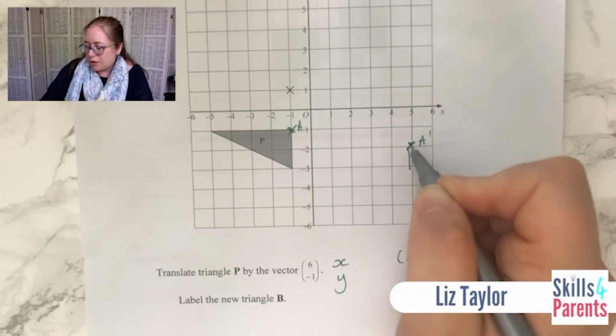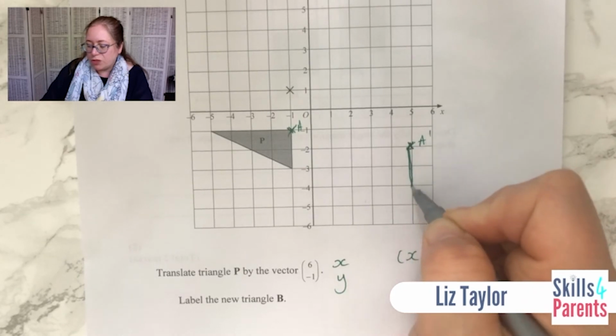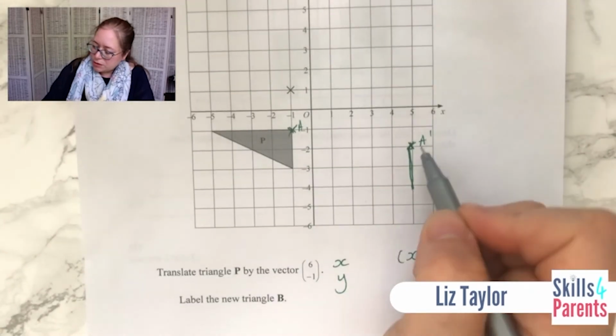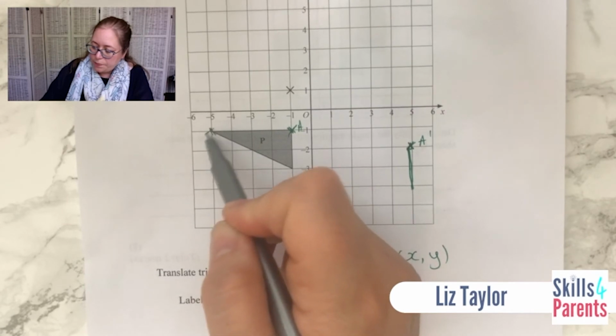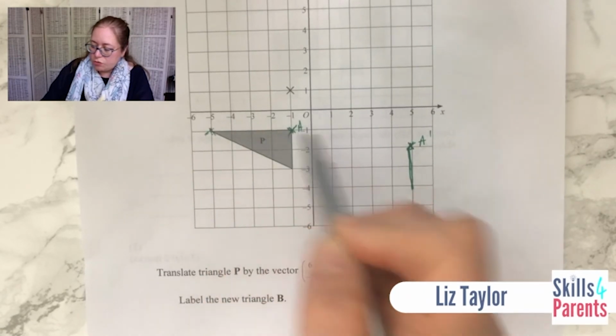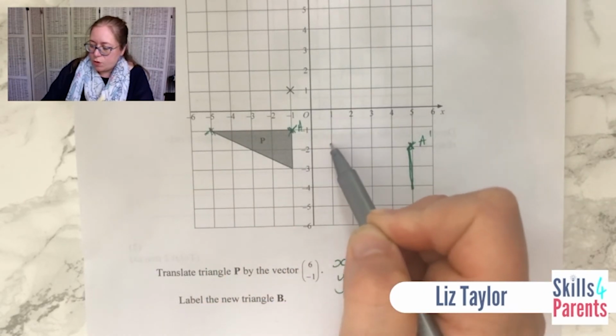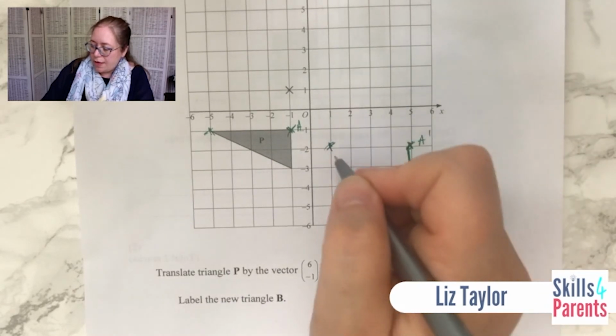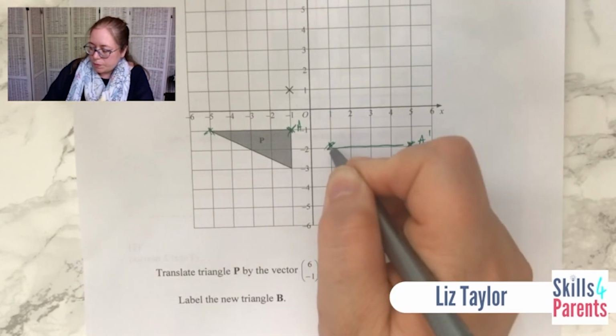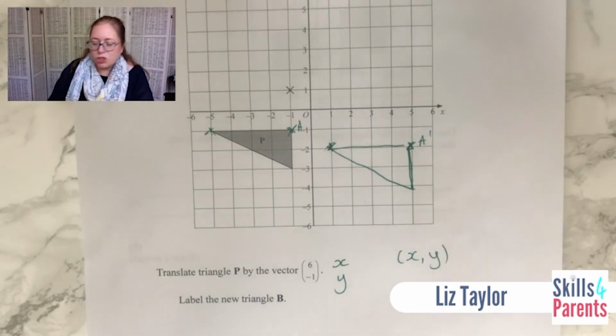And our next point underneath goes there. So if we take this one, we go 1, 2, 3, 4, 5, 6 to the right, 1 down. That point is now there. And there's our shape. So we've translated it by this vector 6, minus 1.